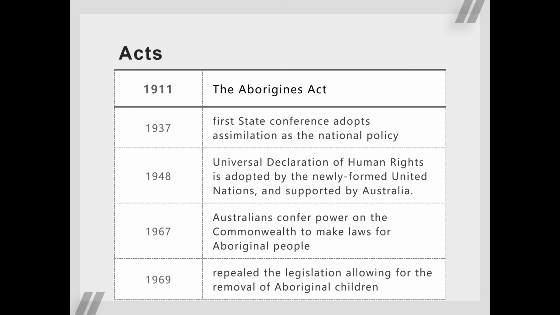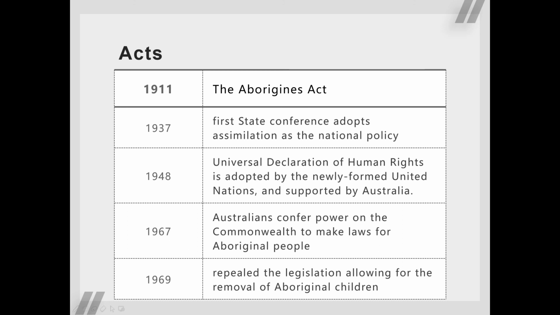In 1911, the Aboriginal Act was adopted, which gave white people the right to take their children from their parents. In 1937, the first state conference adopted assimilation as the national policy, which allowed white people to force Aboriginal people to be assimilated.